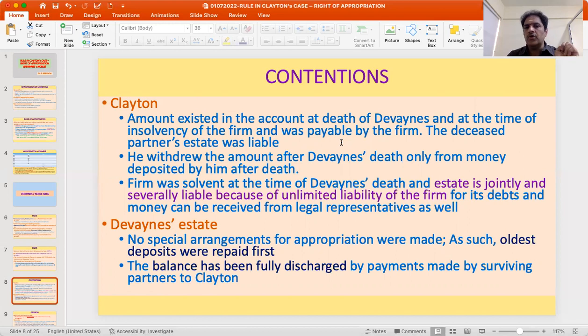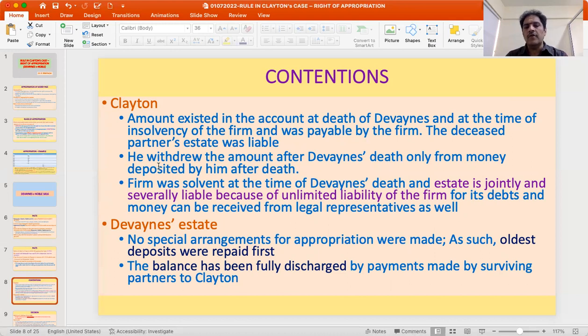Since there was an amount due, it was payable by the firm and the deceased partner's estate was liable to that extent. Then he withdrew the amount after Devines' death only from the money deposited by him after the death. So whatever money he has deposited after the death, it is that money which he has withdrawn. So the liability is continuing.